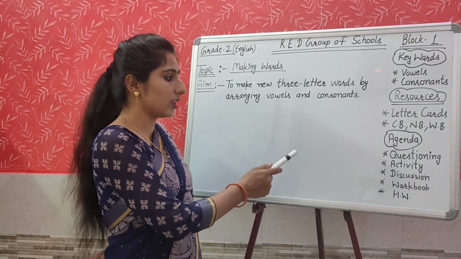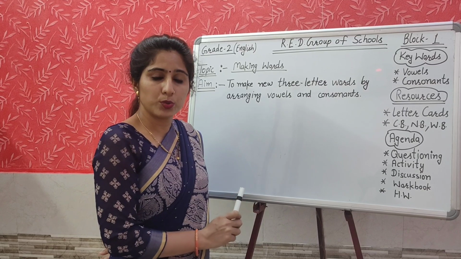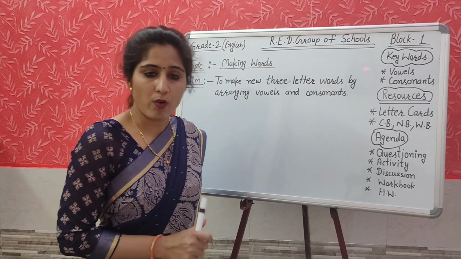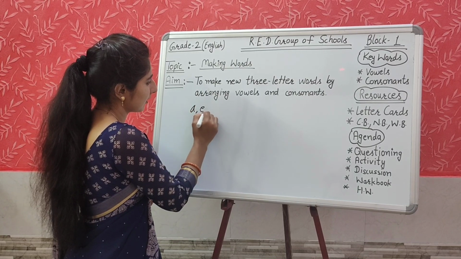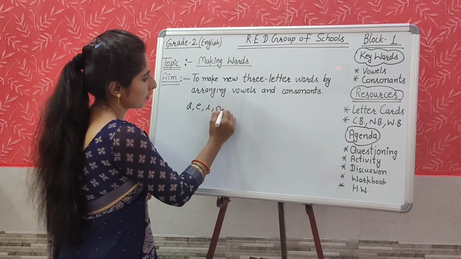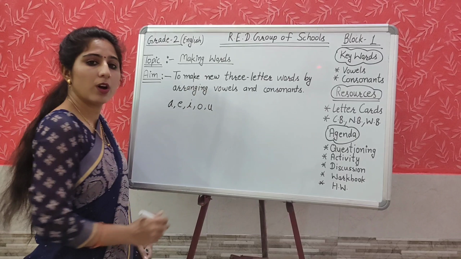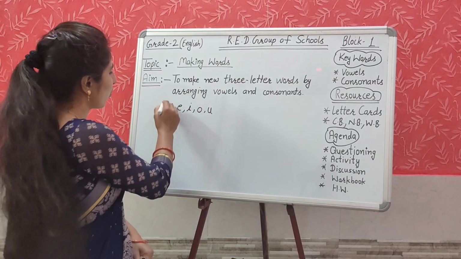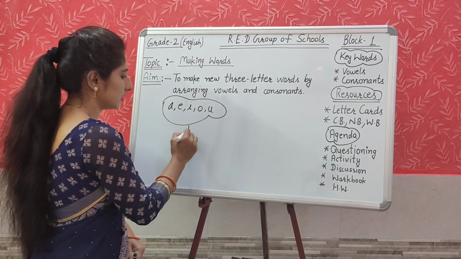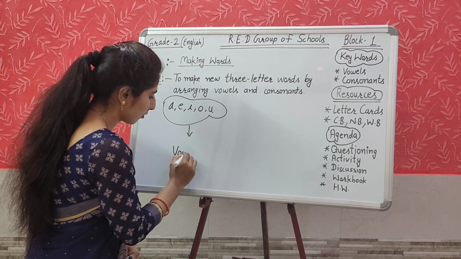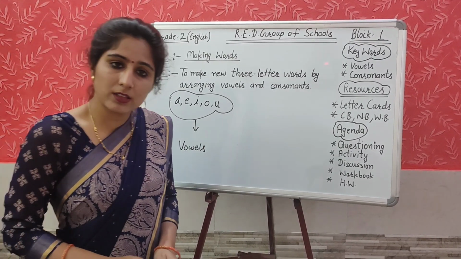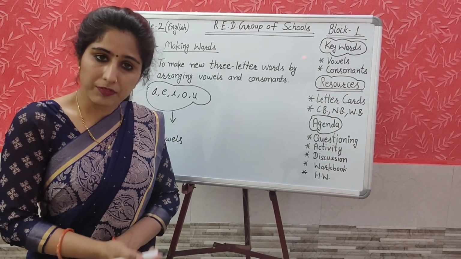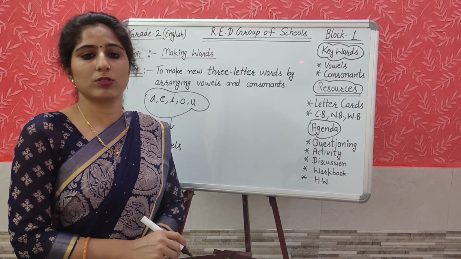Letters A, E, I, O, U are the vowels. And the letters other than vowels, the left letters, are consonants.